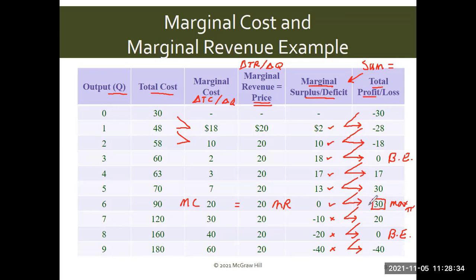So on this slide, the most important one is the profit maximizing output of 6 is where marginal cost of 20 equals marginal revenue of 20. And we have two break-even quantities where our profit is 0. That's at an output of 3, and another break-even quantity where our profit is 0, and that's an output of 8. So we're going to move on to the next slide and see these points without all the red ink on them.